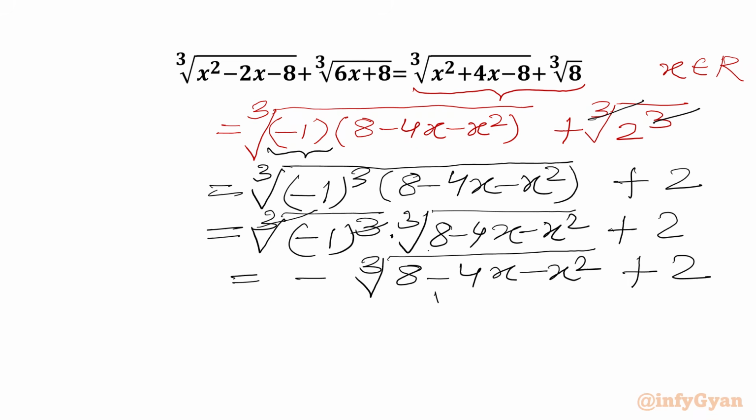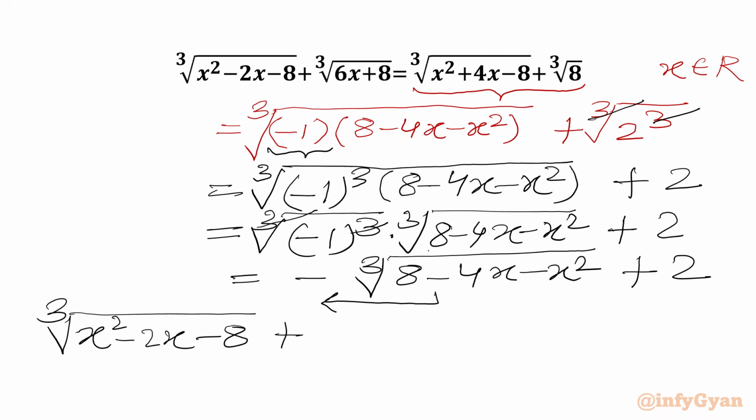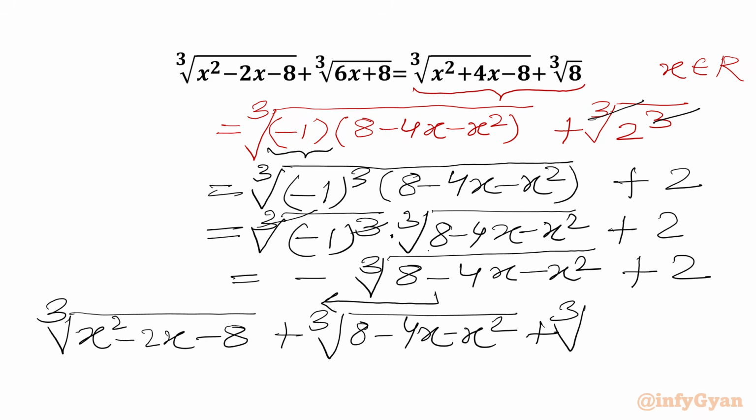Now we'll take this negative term to LHS and we can write our equation: cube root of x square minus 2x minus 8 plus cube root of 8 minus 4x minus x square plus cube root of 6x plus 8 will be equal to 2.